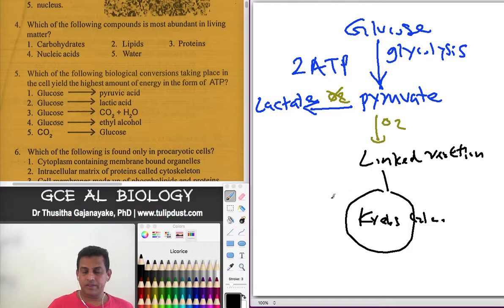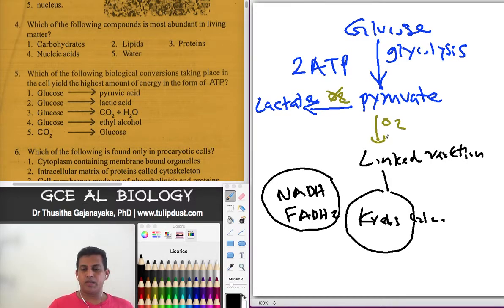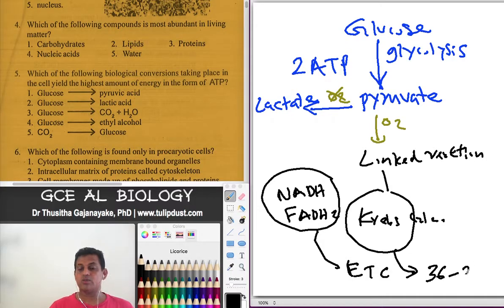After that, the reducing equivalents, for example NADH and FADH2, made during the whole process from glycolysis to Krebs cycle, enter into the electron transport chain. So this is the process, and then they can produce 36 to 38 ATP.